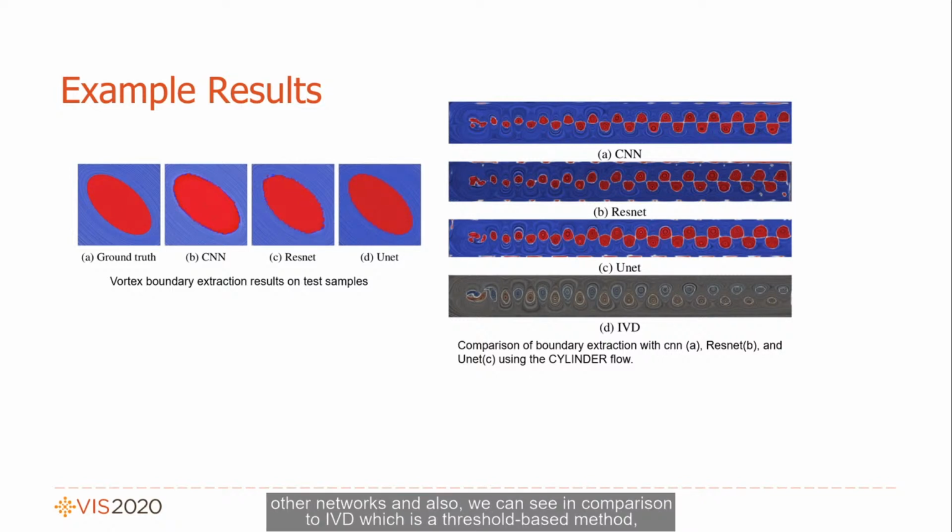And also, in comparison to IVD, which is a threshold-based method, UNet could generate a better boundary and a better vortex at the end part of the cylinder flow. And also, in the beginning of the cylinder flow, UNet could identify the small vortices near the cylinder much better than IVD.